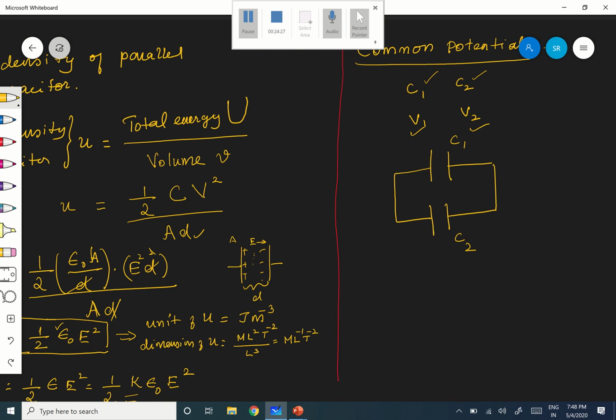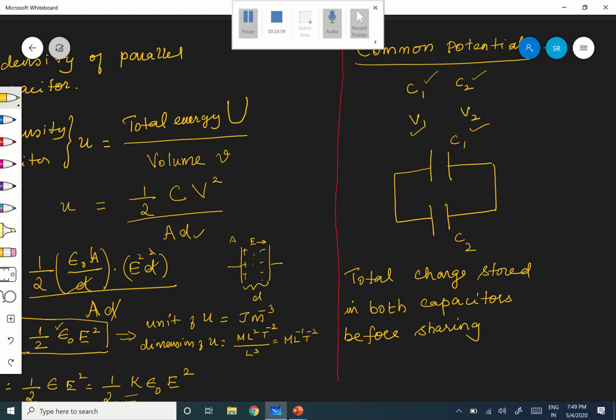Therefore, what is the total charge stored in both the capacitors before sharing? Before sharing means before connecting in parallel. They are separate, yet to be connected.